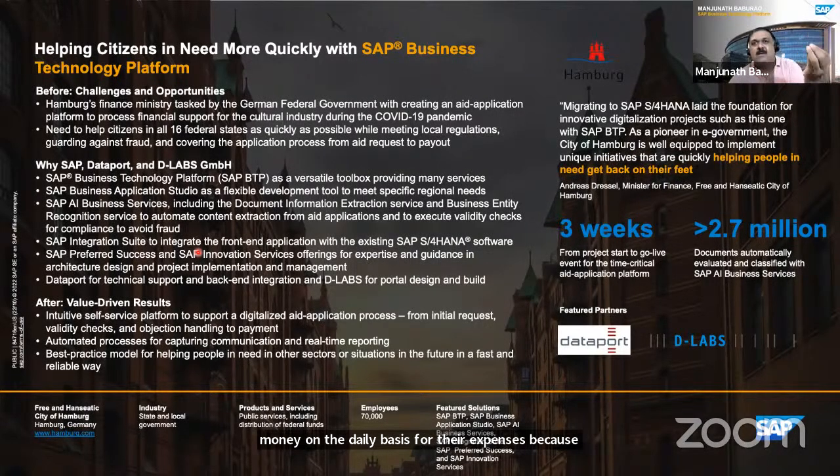Can they ask for the exact amount of money via that application? Then the city can validate that they are the right people asking for the right purposes, and dispense the government-funded support provided by the central government, so that they can survive during this time of a pandemic, right?